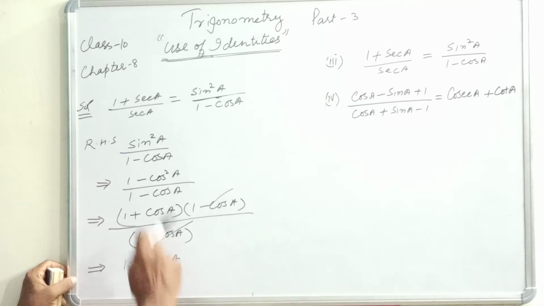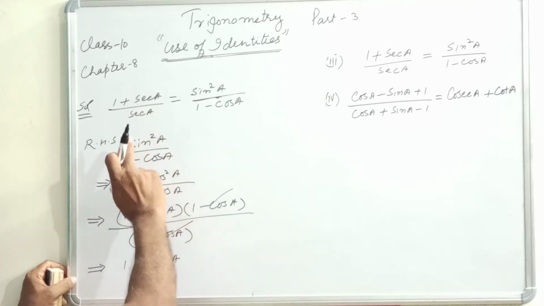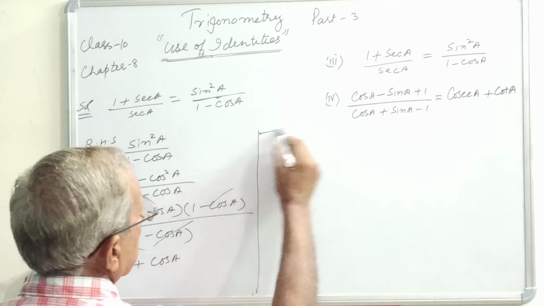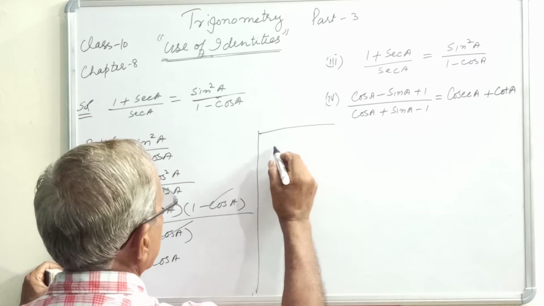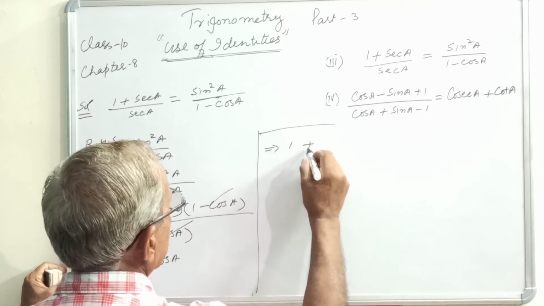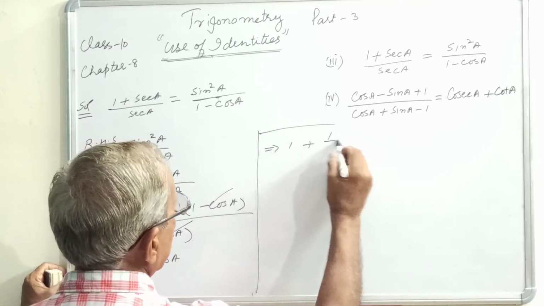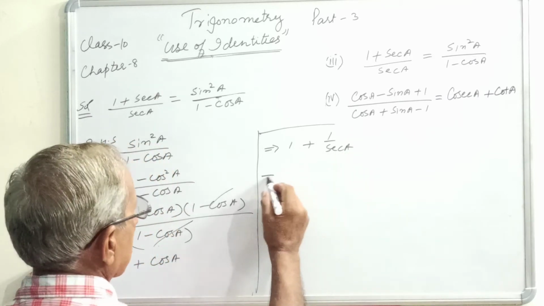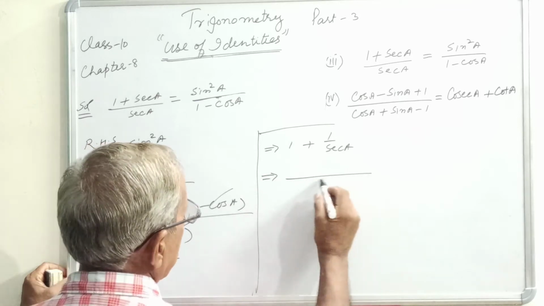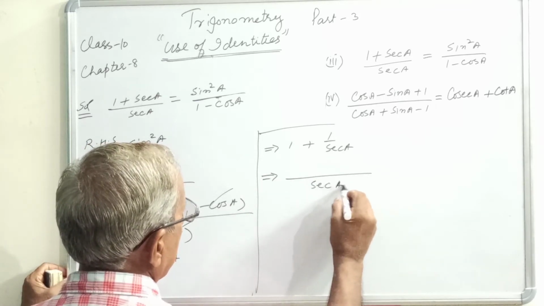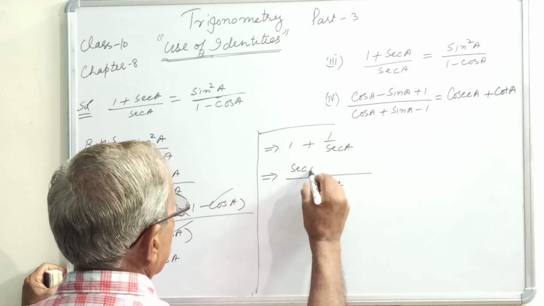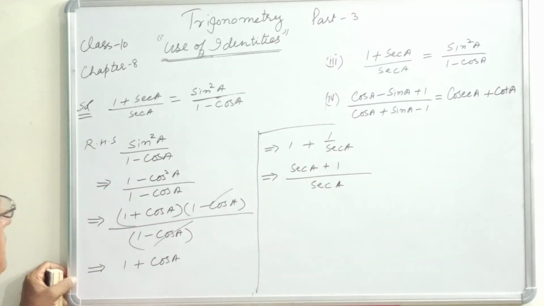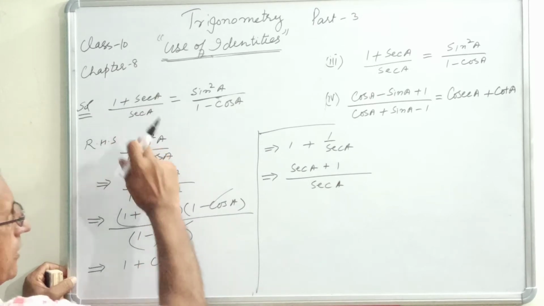and we have to prove it in the form of secant A. So 1 plus cos A is equal to 1 plus 1 upon secant A. So taking the LCM, secant A plus 1 upon secant A. So that was the left hand side.